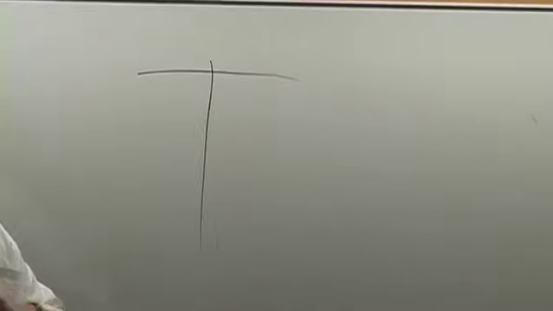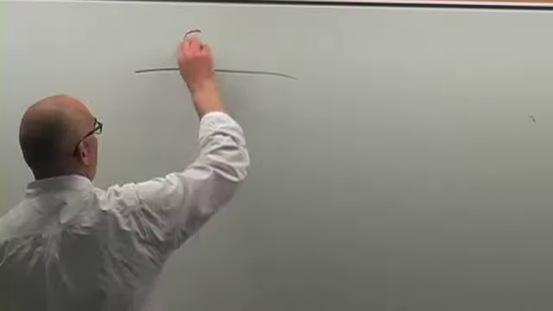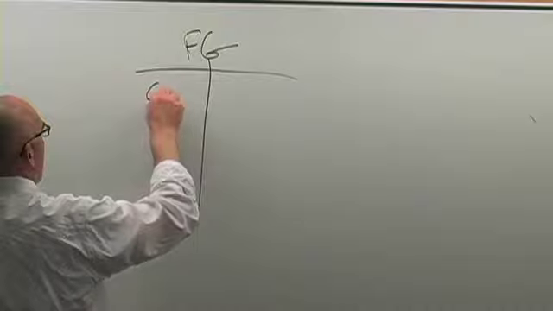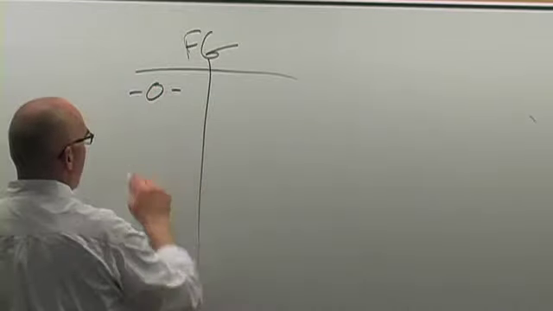Which T account do I need to write on the board to capture those inventory numbers at the top of the problem? The 5,000, the 6,000, the 1,000, and the 0. Finished goods. And it starts out at 0, right?